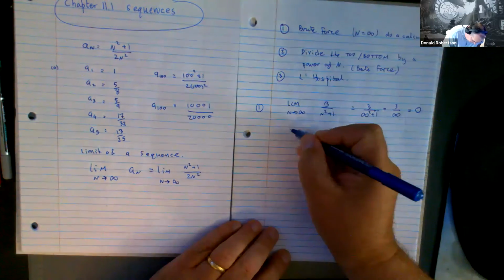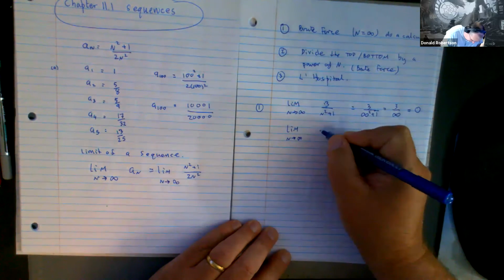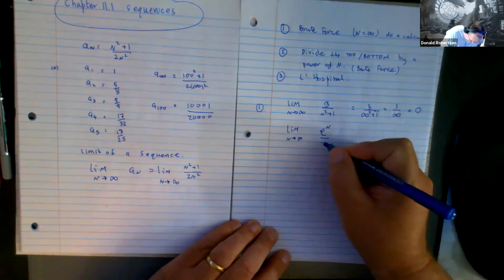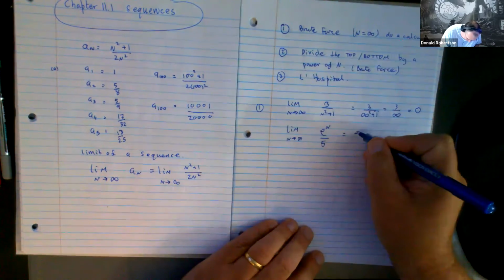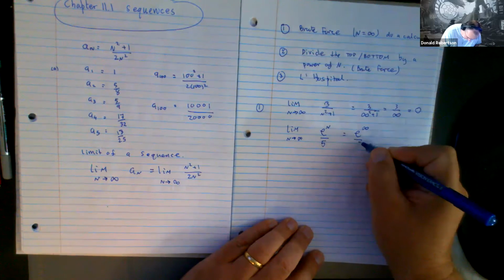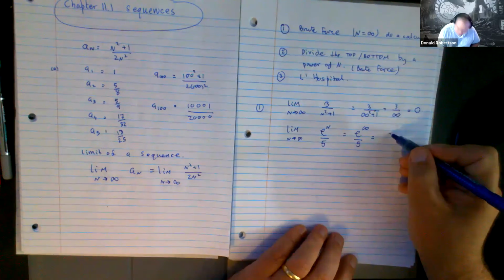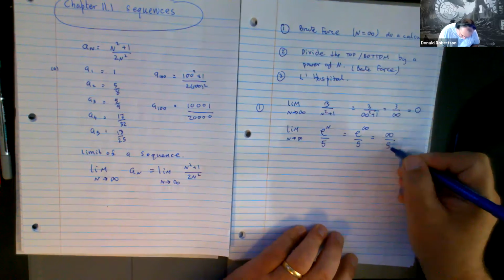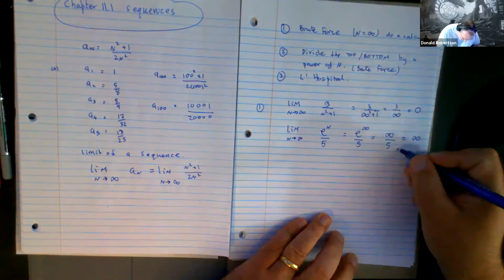Now, on the other hand, if you were given the limit as n tends to infinity of e to the power of n over 5, brute force would be e to the power of infinity over 5. Now, isn't e to the power of infinity still infinite? And infinity divided by 5 gets you infinity. We don't normally say the limit is infinity, we say it diverges.